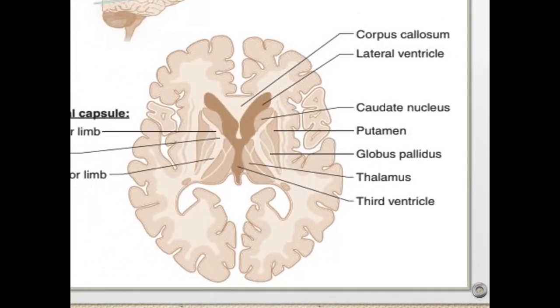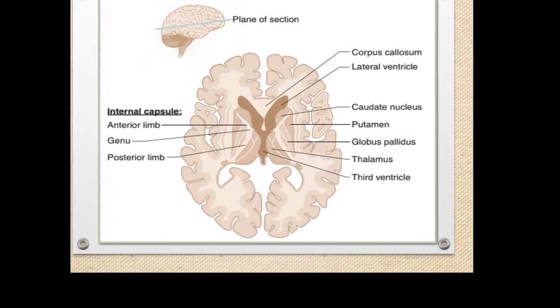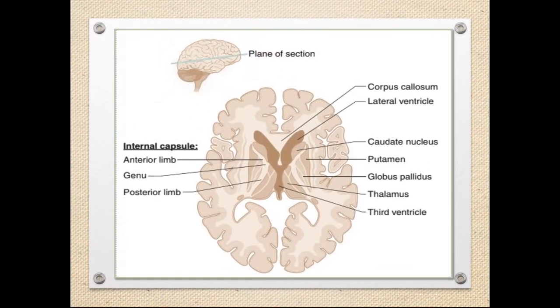Because the plane of the section is horizontal and we are visualizing from above. We chop this part off and look from above, and the subthalamic nucleus will be below the thalamus, somewhere over here, and the substantia nigra will be in the brain stem, but we are looking at this level. That is why the subthalamic nucleus and substantia nigra are not visible in this plane of section.